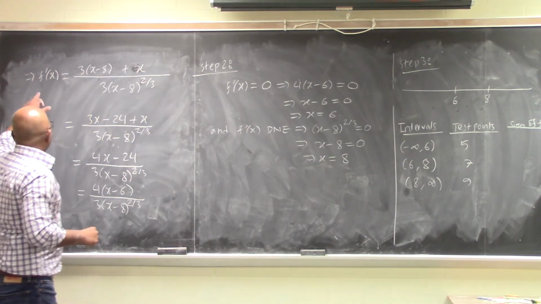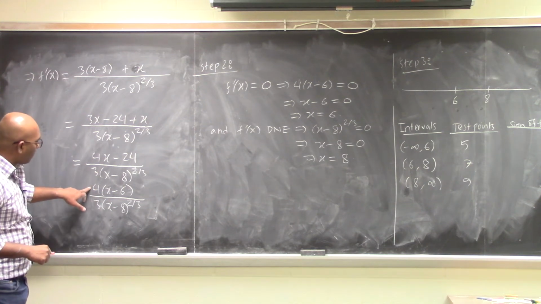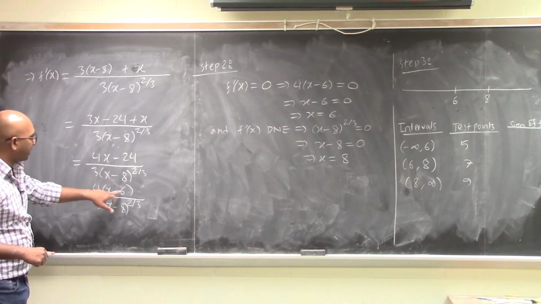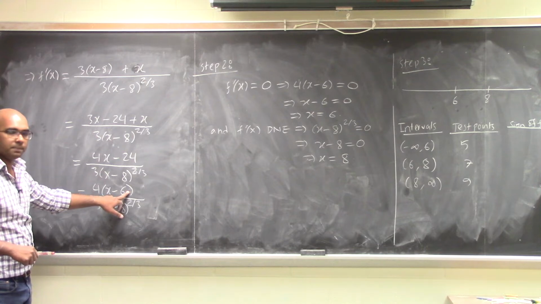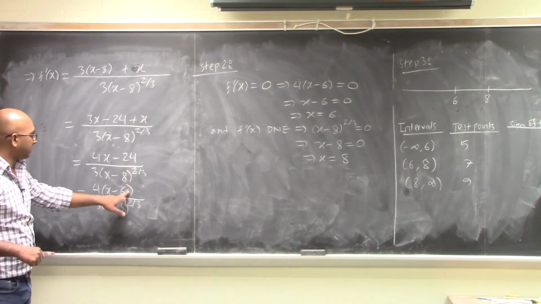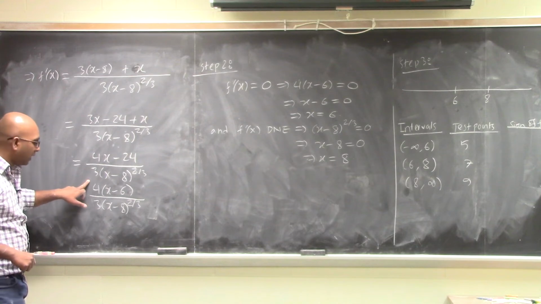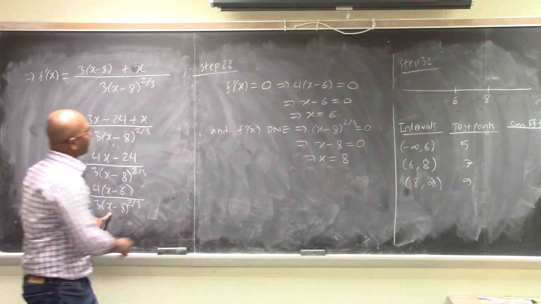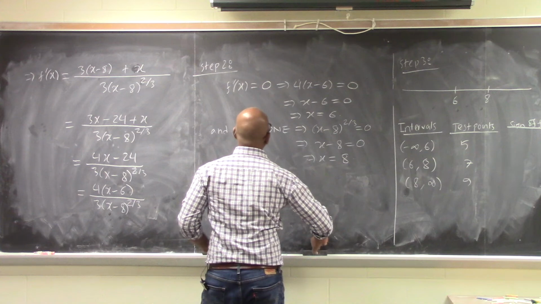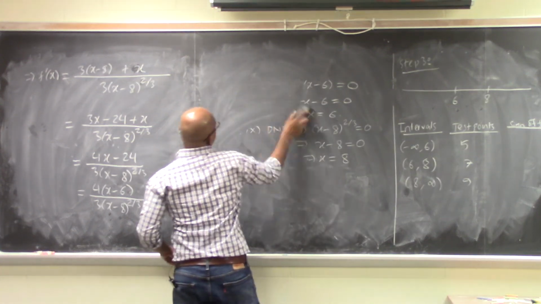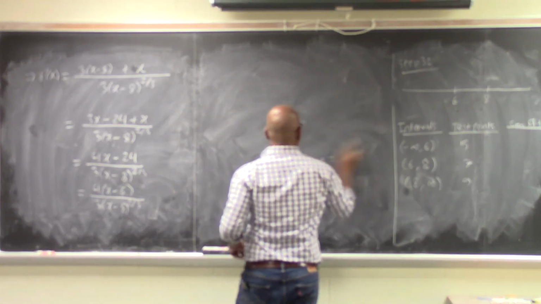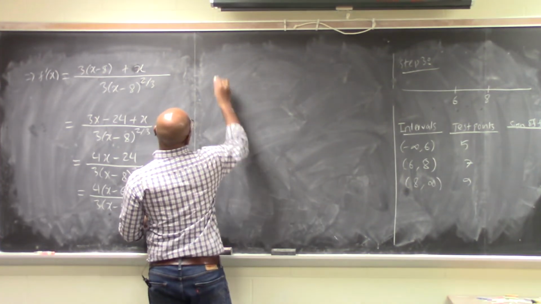So we plug in 5 here. Okay, so on top I have what? 4 times 5 minus 6, right? Which is 4 times negative 1. So on top I have something negative, right? But what happens at the bottom? Notice in the bottom I have this. Let me write it here.